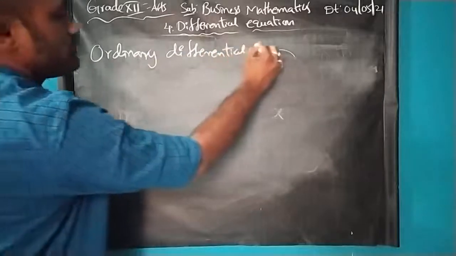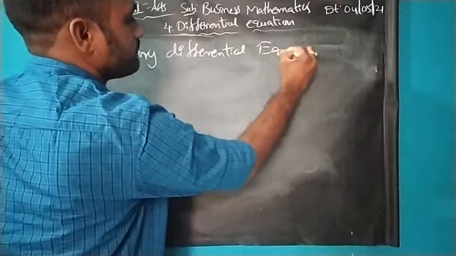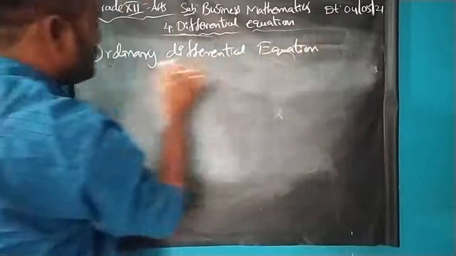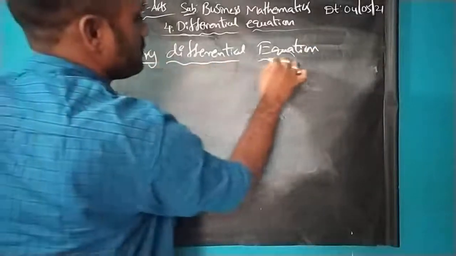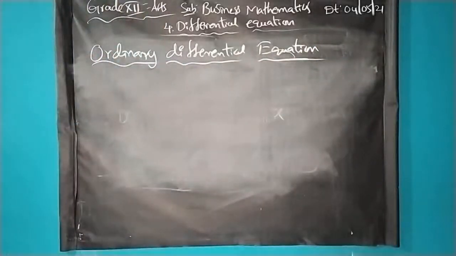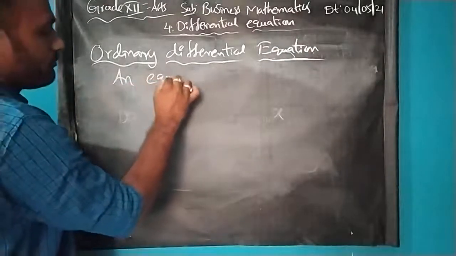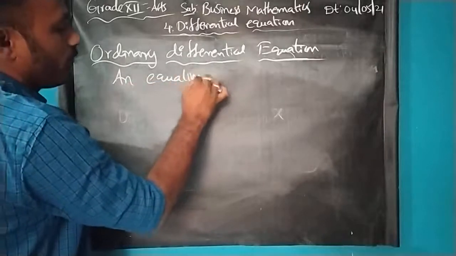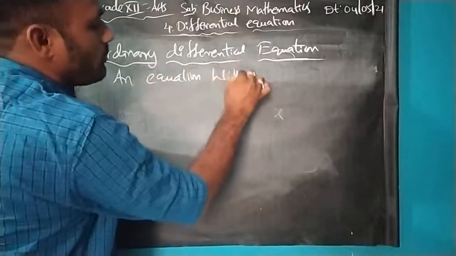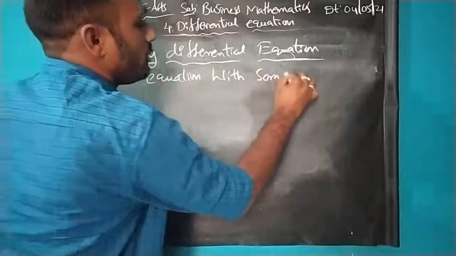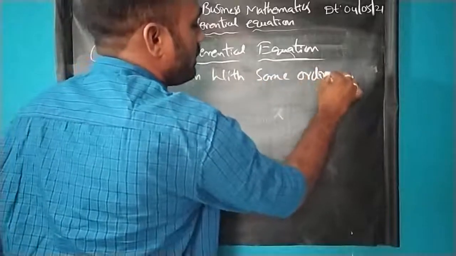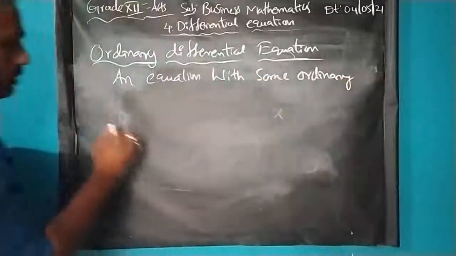Ordinary differential equation. So let us see the definition of this ordinary differential equation. An equation with some ordinary derivatives, only normal derivatives will be there, ordinary derivatives, not complex.